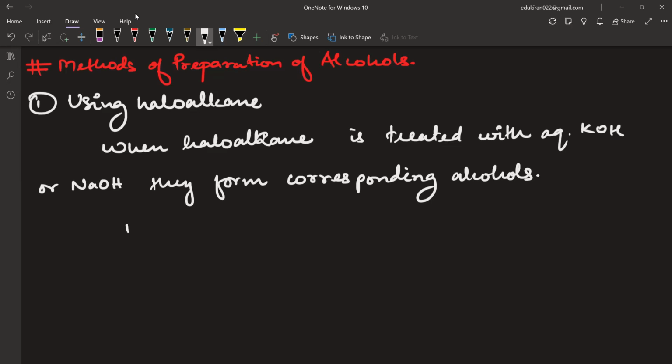So a general reaction you can write is RX plus aqueous NaOH or KOH. Important, aqueous should be there. Then I will be getting ROH.